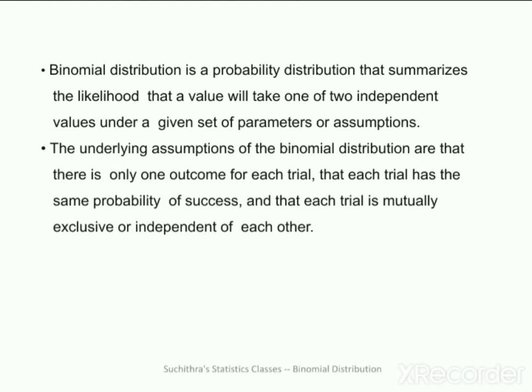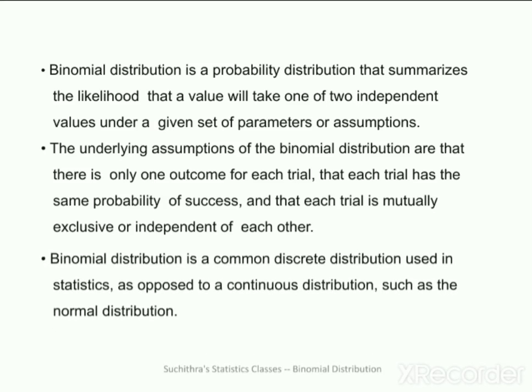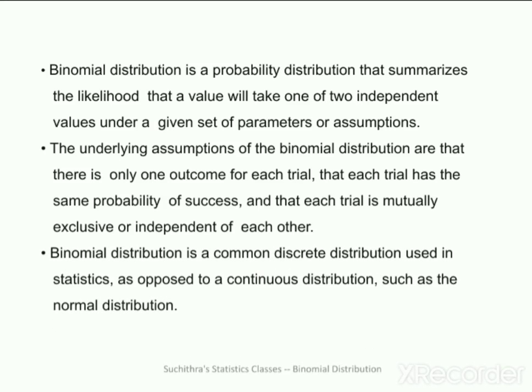The underlying assumptions of the binomial distribution are that there is only one outcome for each trial, that each trial has the same probability of success, and that each trial is mutually exclusive or independent of each other. Binomial distribution is a common discrete distribution used in statistics as opposed to a continuous distribution such as the normal distribution.